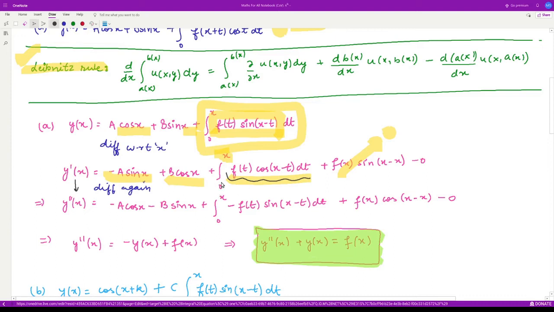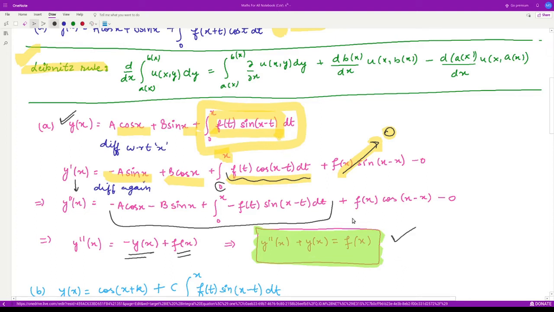The derivative of the lower limit with respect to x, being a constant, is 0. So this term is 0, and this term was already 0. So ultimately, can you see, if we take minus common from here, this whole term is nothing but y of x from here. So we replace this whole term by y of x, and cos of 0 is 1. So we are only left with f of x. So this is our differential equation formed from the integral equation.